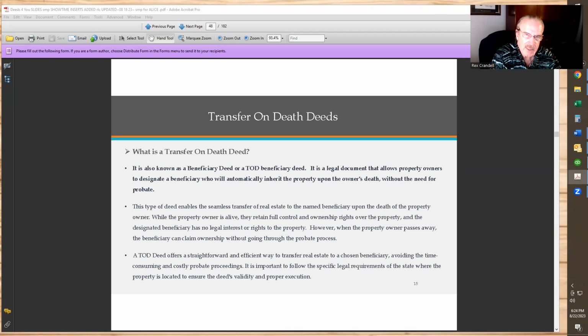And by using this so-called cheap and effective method for people of moderate means to fill out, you make one mistake in the requirements and you're going to probate anyway. So to me, I would never use it. I would not suggest it. The downsides are significant. And if you just use a revocable living trust, you're fine.